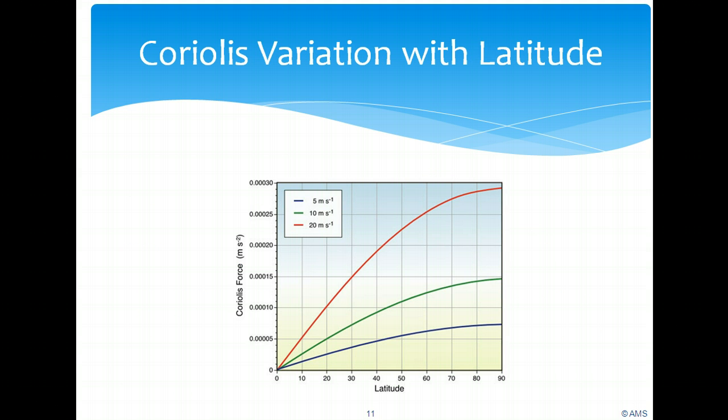This slide shows how the Coriolis force is latitude dependent, that is, at 0 degrees at the equator there is very little force, and as we go up in latitude we find that the Coriolis force is much greater.